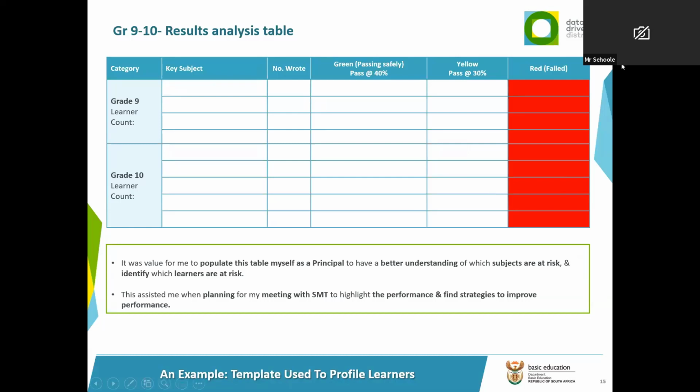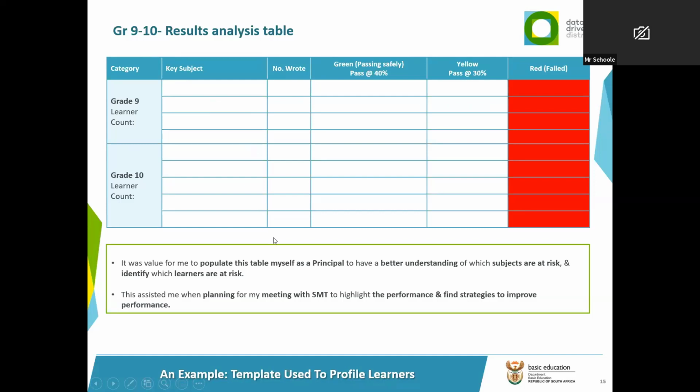So being the case, I was able to zoom directly into those learners with the assistance of the subject teachers, because I asked the teachers about the learners who failed their subject, so we were able to sit them down and make the point that we are identifying the right learners.